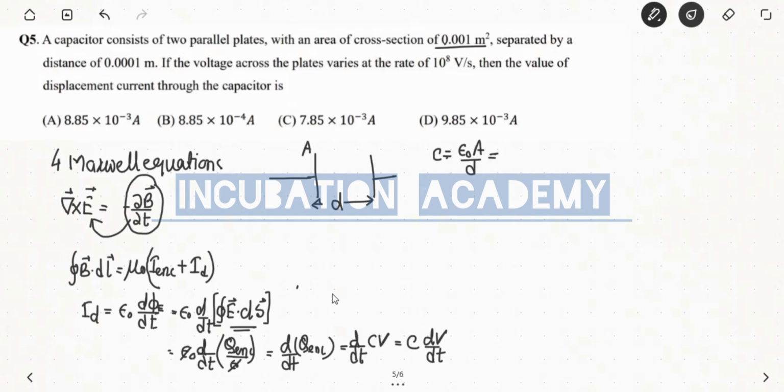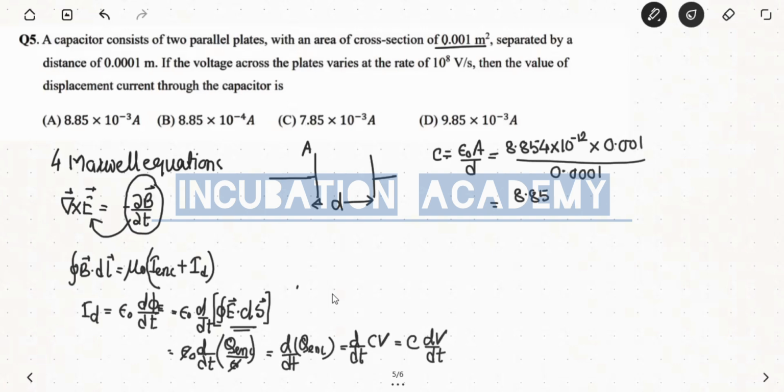Epsilon naught is 8.854 multiplied by 10 to the power minus 12. The area is 0.001 divided by the distance 0.0001.